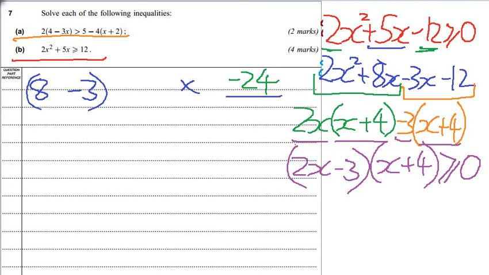The numbers that we're going to get are going to be for this term here, 3 over 2, and for this one, it's going to be minus 4. Because obviously if x plus 4 is equal to 0, then x is equal to minus 4.